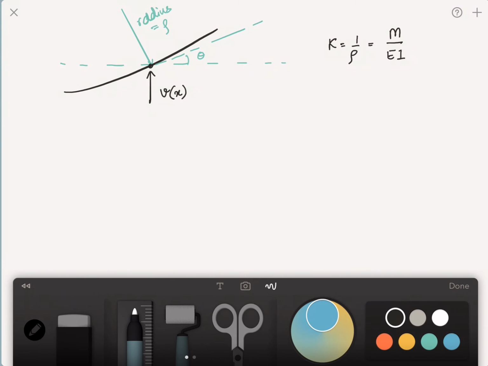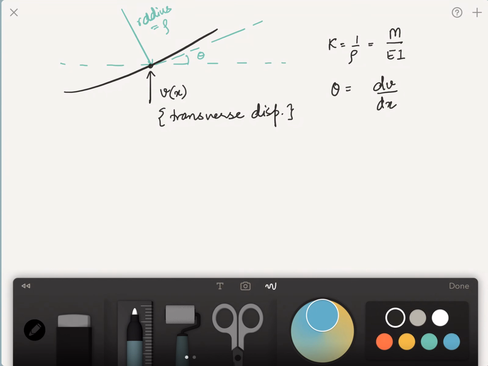The transverse displacement v, which is the vertical displacement in this case, can also be related to the angle theta. So theta, or the angle of curvature, is given as the change in the transverse displacement per unit length. You can work this out, of course, it's quite simple.